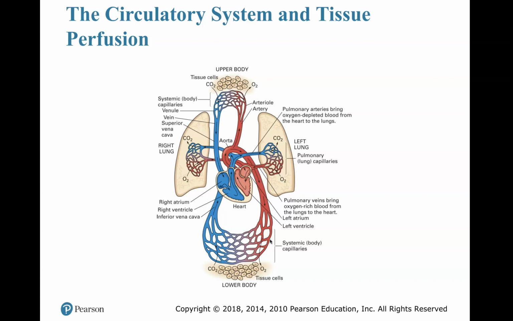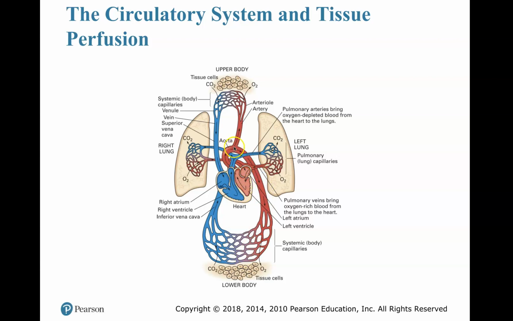Okay, so here's a picture. Here we have the upper body, and you see tissue cells. That's what's going to represent tissue cells. These little web-looking things are capillary beds. Arteries, arterioles, arteries. It's showing you blood going around. So basically, it's just showing you circulation. Here's the left side of the heart.